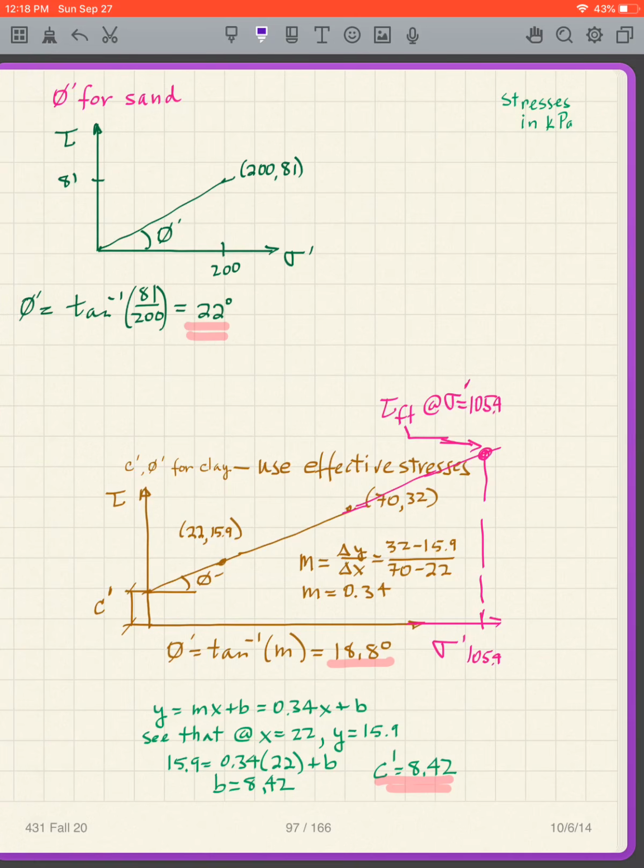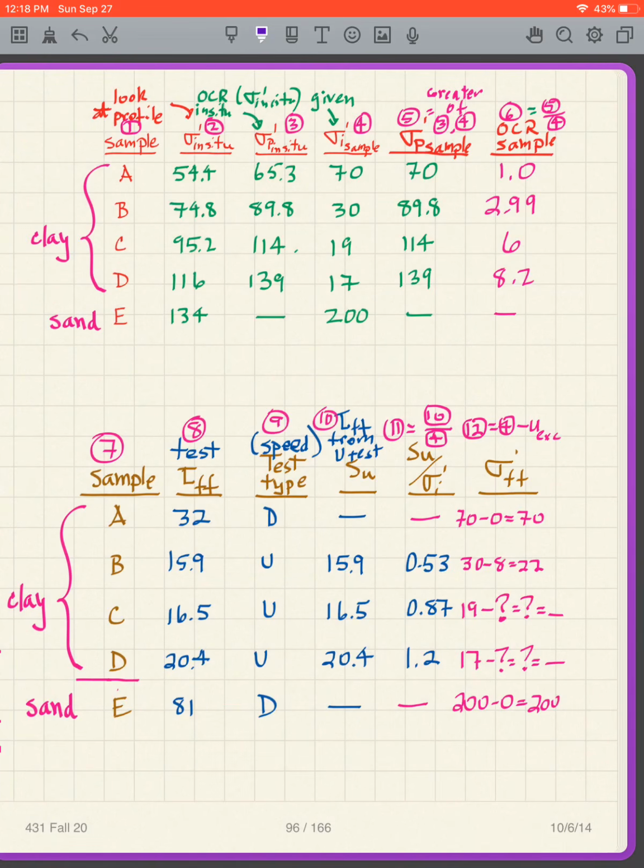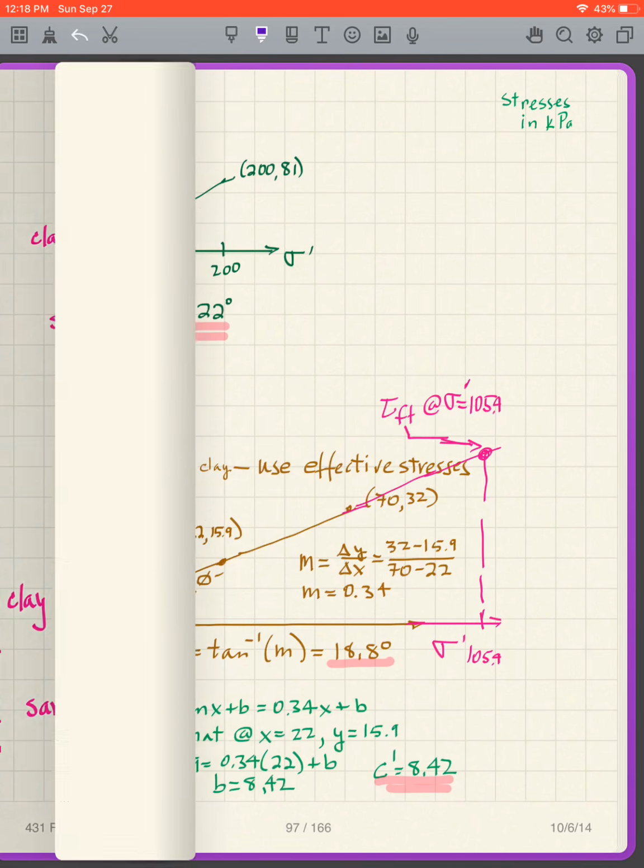So I'll do the sand first because the sand's pretty straightforward. I take the 281 for the sand because that's over here. 281. I plot that up.